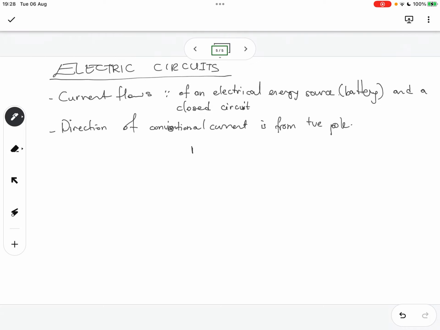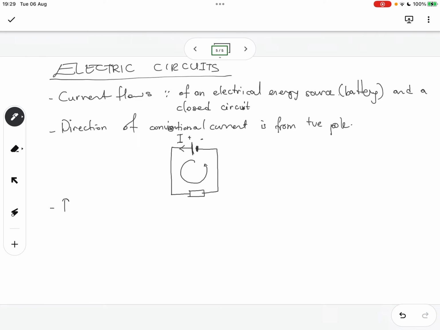So in other words, if we have a cell and a circuit is closed like that, current flows from the positive, goes right around and ends up on the negative of the cell itself. So that's what that means.